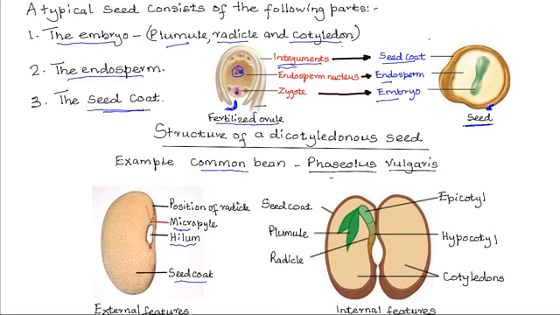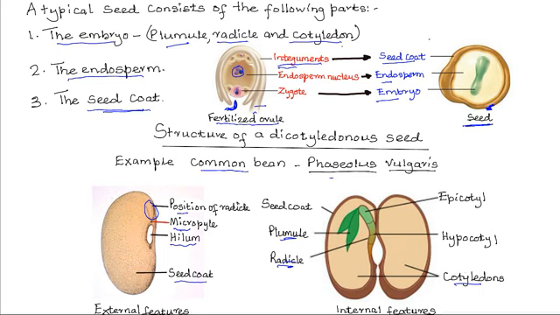Then, for most bean seeds, the radicle will appear as a swelling on the surface. So you can see the position of the radicle. And then internal features, see the two cotyledons, and then the embryo consisting of the plumule and the radicle. The plumule is the embryonic shoot, while the radicle is the embryonic root.